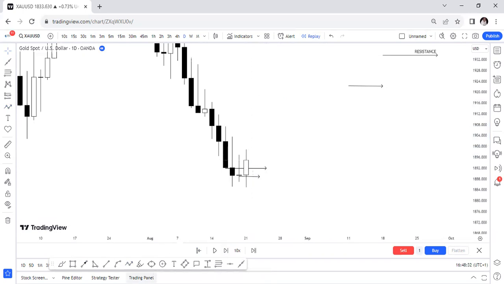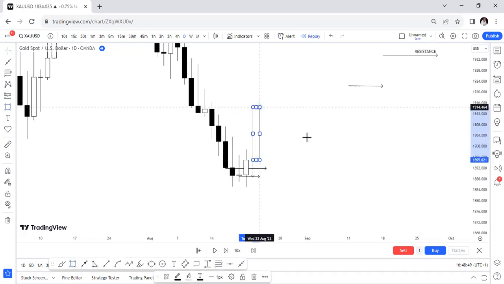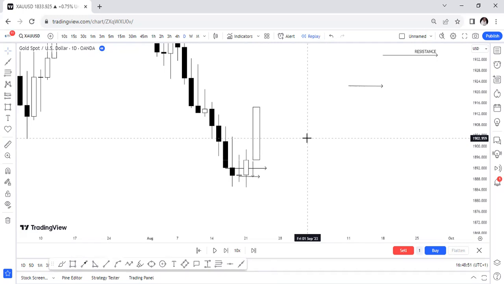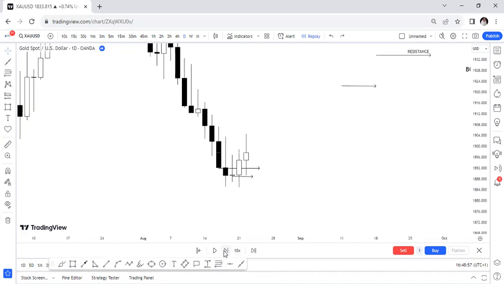The wick must touch it. You want to see this. You want to see something like this, not the body, so that you can buy above. Let's see what happens after we see the wick.